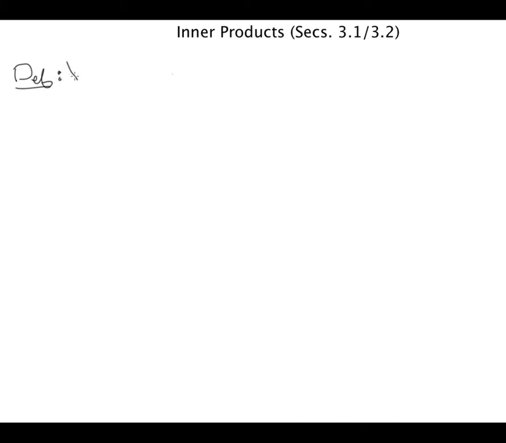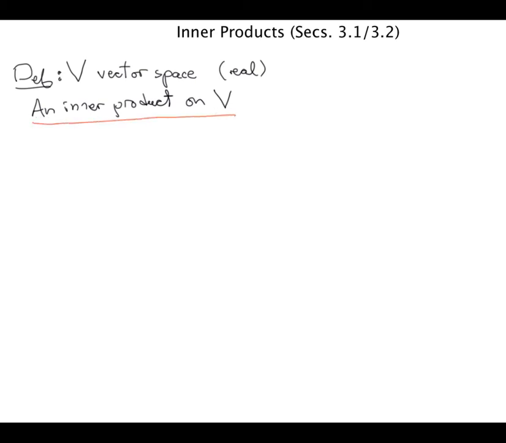So what we have is V is a real vector space. And as always, it's real. And an inner product on V is the following.